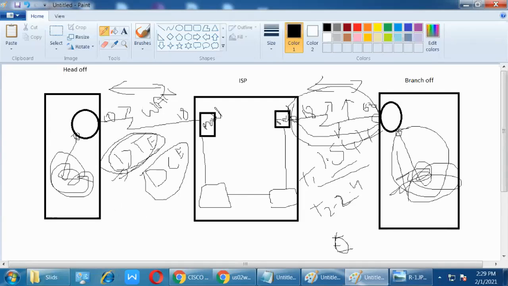So DTE generates the clock rate, DCE accepts the clock rate. So this clock rate will be applicable on... I'm sorry?